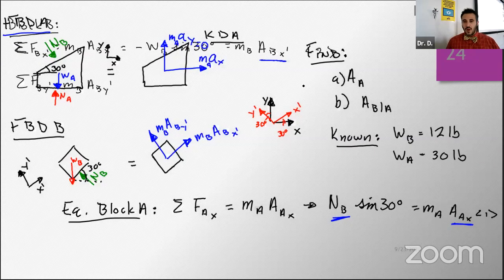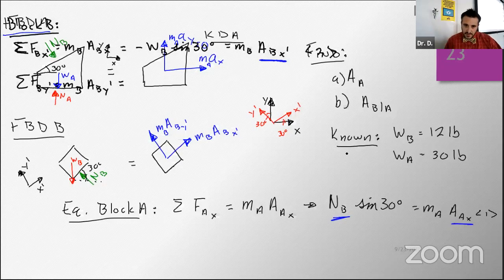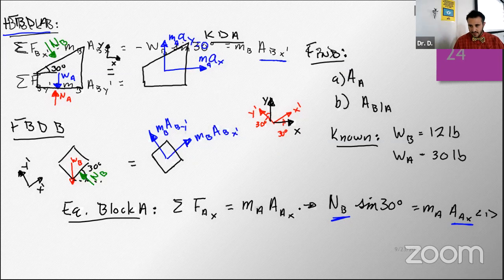So let's go back to our y direction equation for block B. Remember, I'm using that tilted coordinate system, so take a look at my free body diagram again. This is nice because I only have N B in the y direction. I still have to account for my weight in the y direction, but I can solve directly for that normal force, as we'll see in a second.